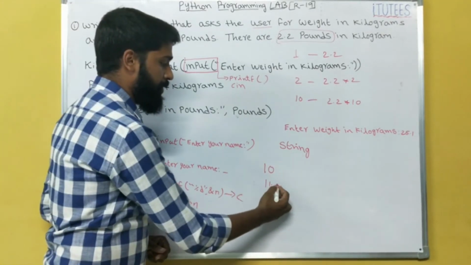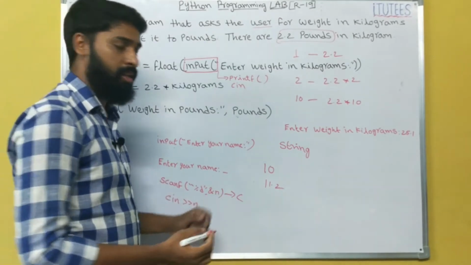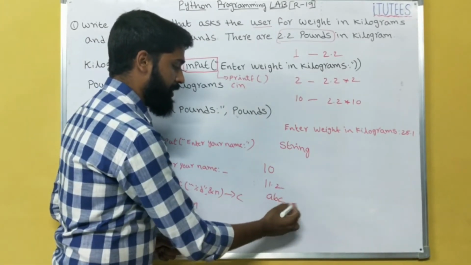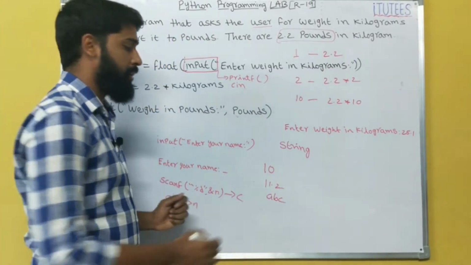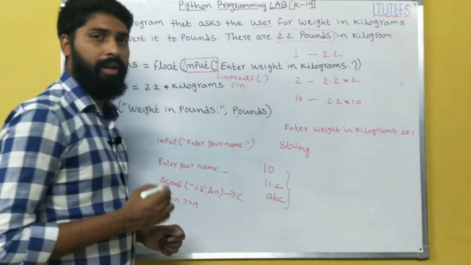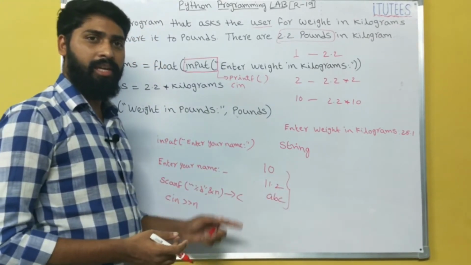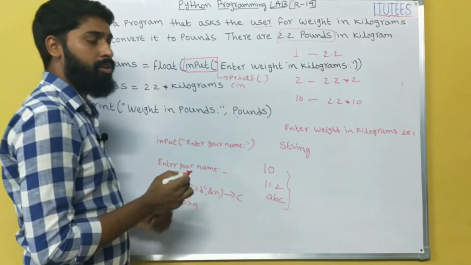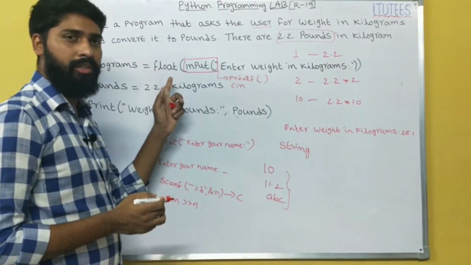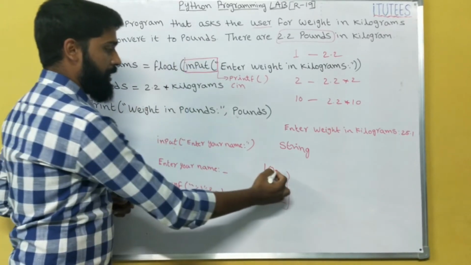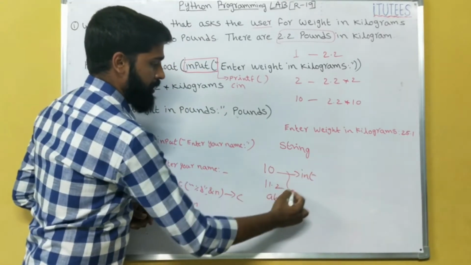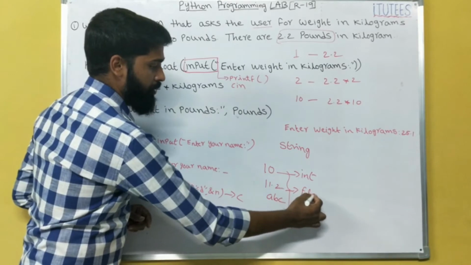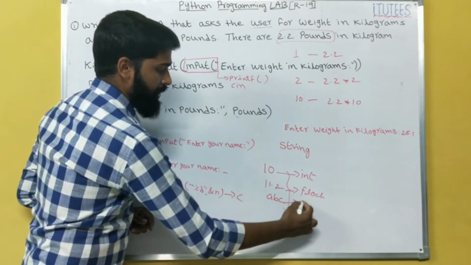If I enter 10, it is a string. If I enter 11.2, it is a string. If I enter ABC, it is a string. Everything entered from the keyboard is in string format, so you can convert the string into float or integer. I hope you know that 10 is an integer, 11.2 is a float, and ABC is a string.